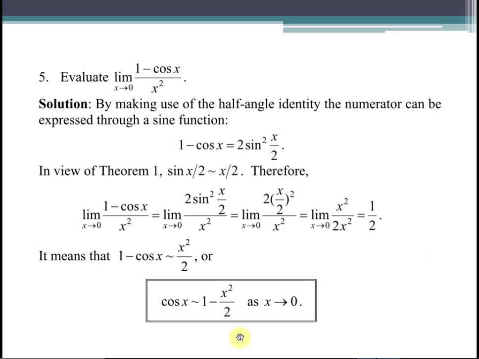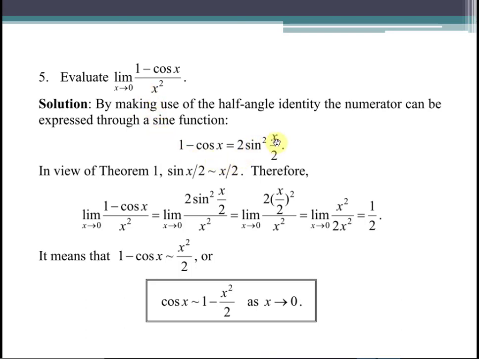Number 5. Evaluate the following limit. Limit as x tends to 0, 1 minus cosine x over x squared. Here, by making use of the half angle identity, the numerator can be expressed through a sine function.